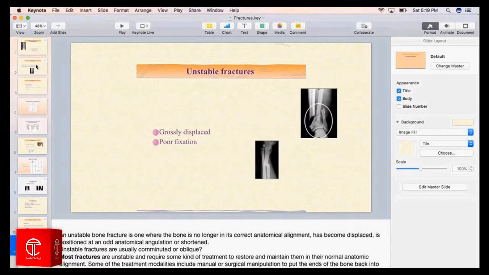An unstable fracture, of course, is a grossly displaced fracture, or, if there is poor fixation, then it is an unstable fracture. At any moment, it can displace by the physiological movement or joint movement. That is an unstable fracture. The spiral fracture, the oblique fracture, and comminuted fractures are always unstable fractures.